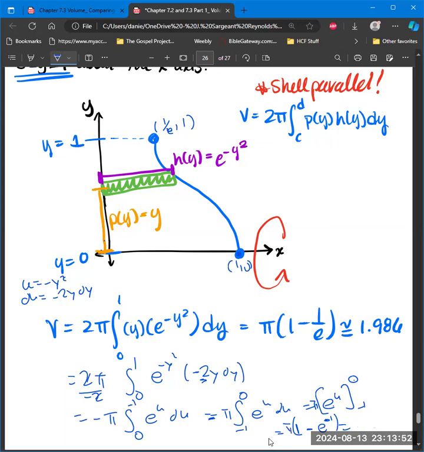So pi times (1 minus 1 over e). That's what we have right here as our exact answer. And then this is our approximate answer right here. If we type that into our calculator, we would get that answer there.